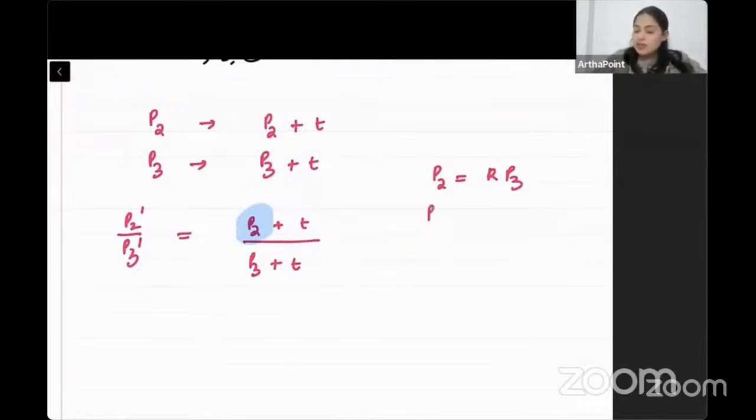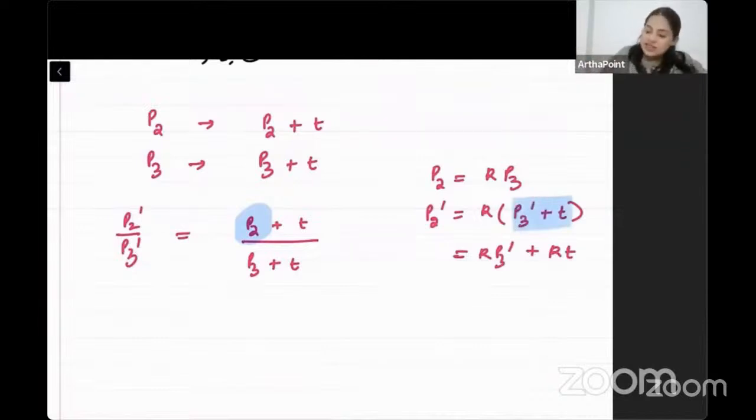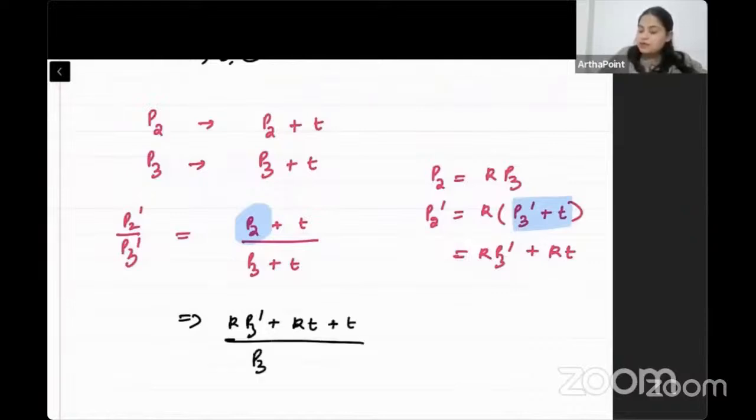So I'm going to say that P2 dash, if I were to apply this, should be K P3 dash plus K into T, because now I am saying that I am just changing P3 to P3 dash plus T. So in that sense, P2 dash can be written as (K P3 dash plus KT plus T) upon (P3 plus T). This is what can be written. This is what the new price ratio will be.